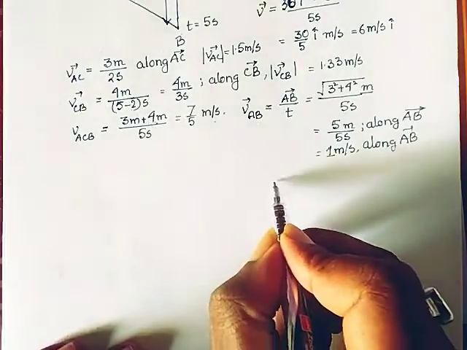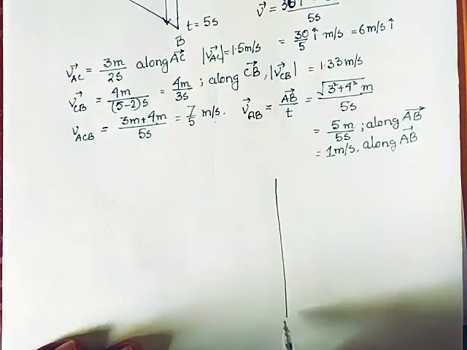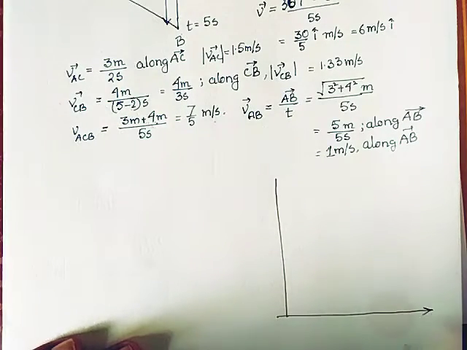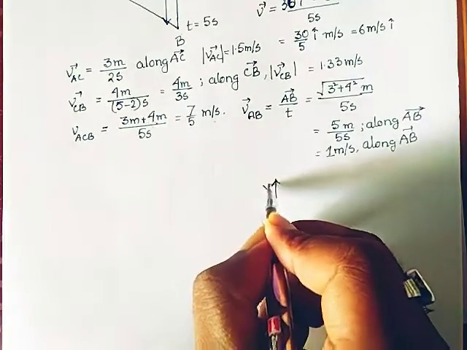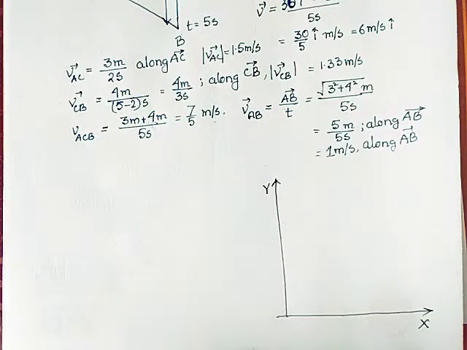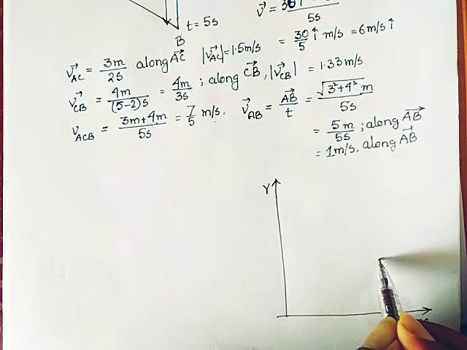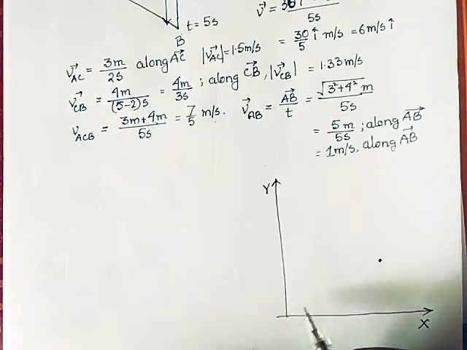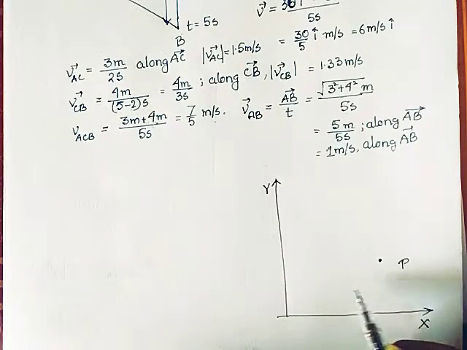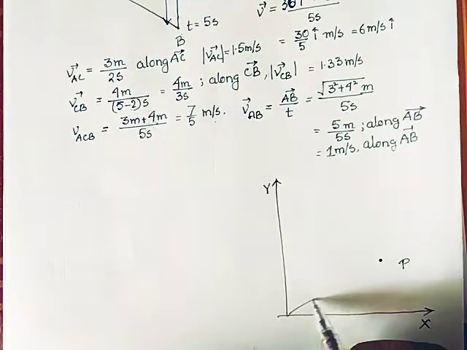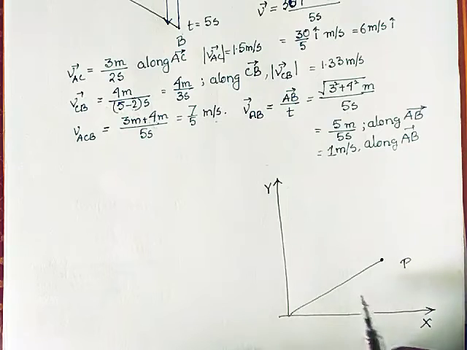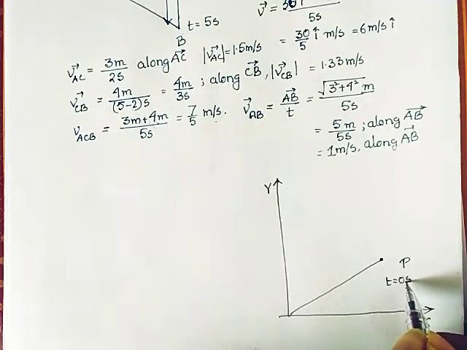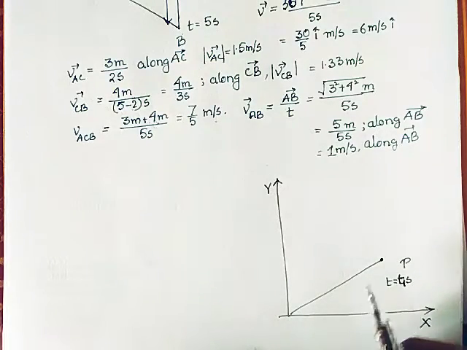Let us consider a coordinate system, and in this coordinate system x and y axis, if I consider that the particle is somewhere here at the position P, and at time, let us make it generalized, let us take t equal to t1 second.